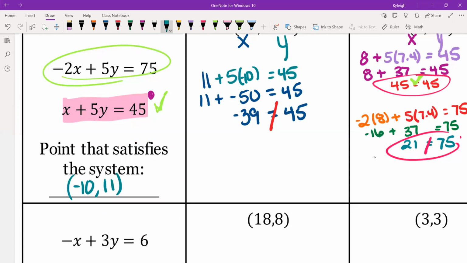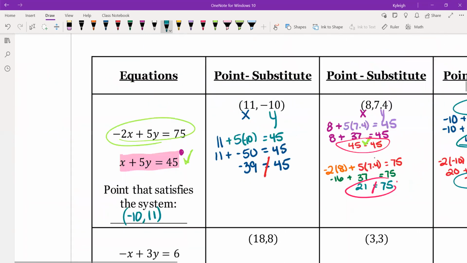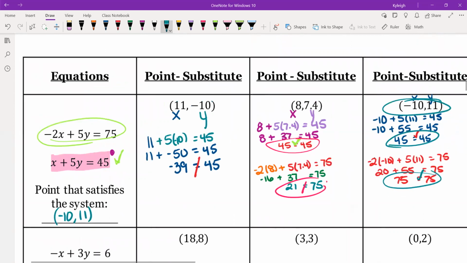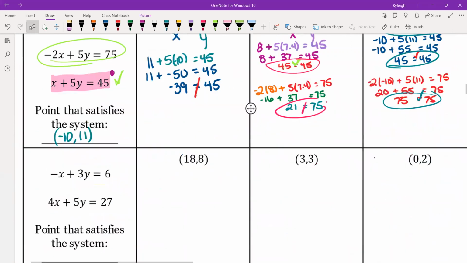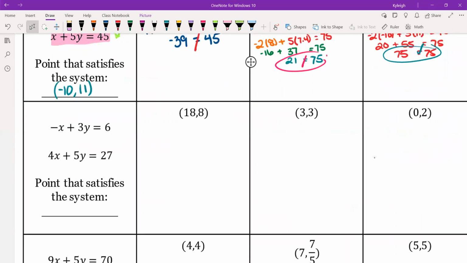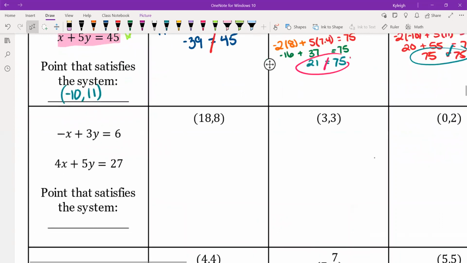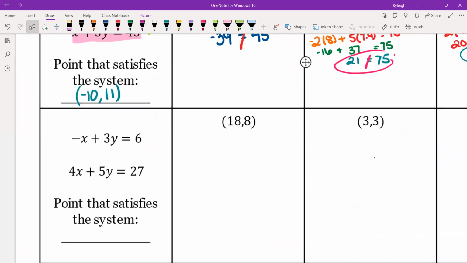Okay. All right. So I'm going to walk you through one more. Not the whole thing, but one more. So again, we have two equations here. We have this one and this one. I want to see if this ordered pair matches. And remember that this is X and this is Y. So we're replacing the X and the Y with those numbers to see if they equal this one, right?